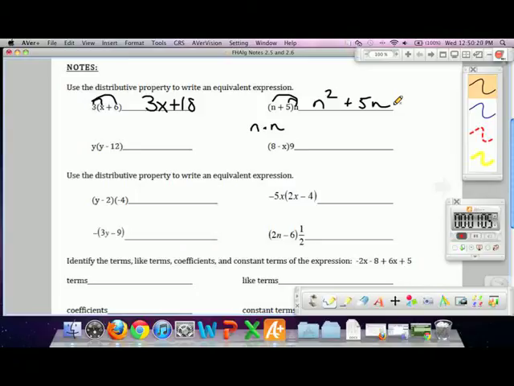All right, distributive property, we can also get a little more complex. We throw some negative signs in. If you want to distribute, say, -4 into this, then we'd have what? -4 times y is -4y. What's -4 times -2? Positive 8.